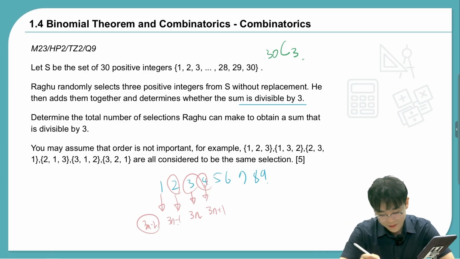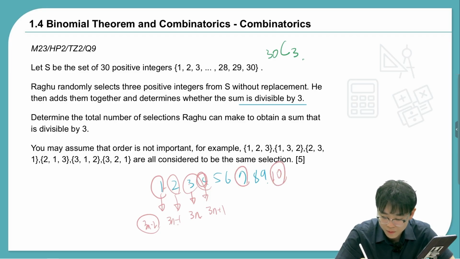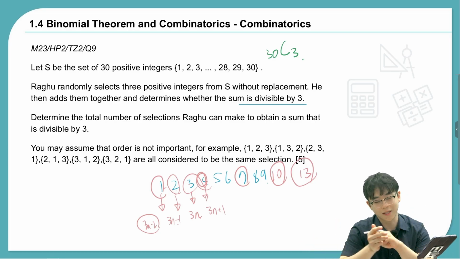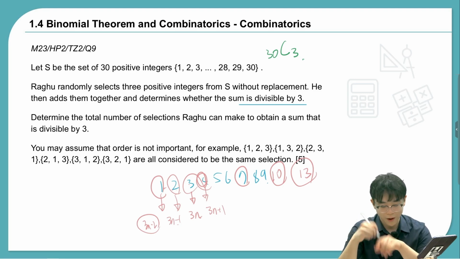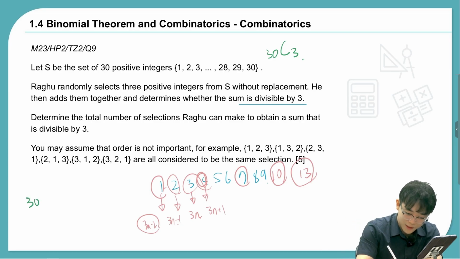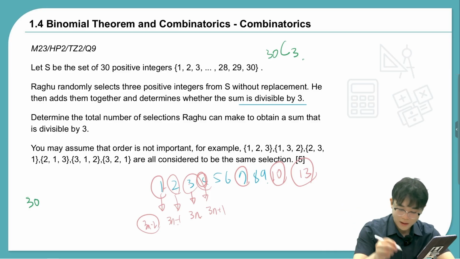But we don't have to stop there, because we could pick 2, 3, and the next runner-up is either 1 or 4, but we could even choose 7 or 10 or 13. So there are a number of options. It's not actually choosing 3 consecutive numbers, it's choosing a number from each of 3 groups. What I mean by that is, if you have 30 numbers, we could say we have 3 groups.